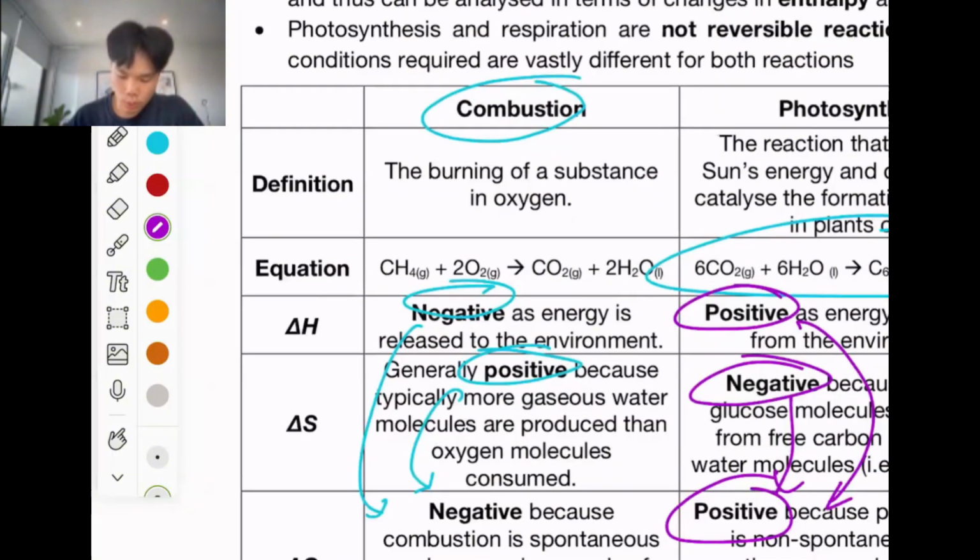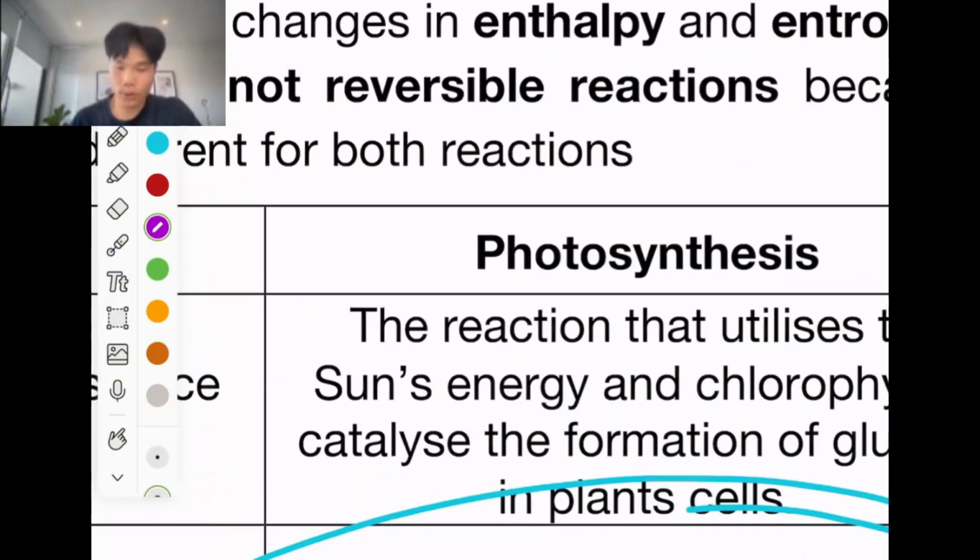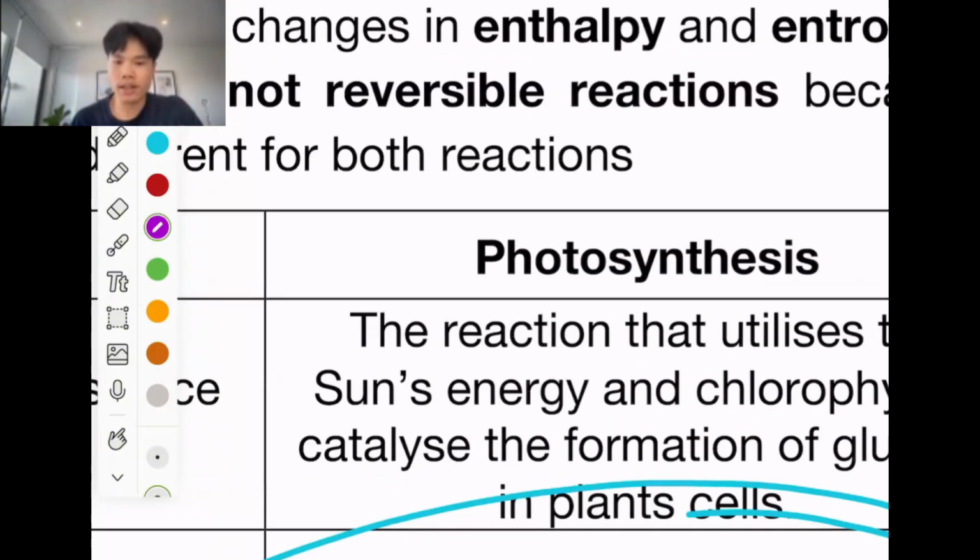You should be able to look at any equation, like the photosynthesis one, and justify why it's a positive or negative entropy change. Can someone try to verbally justify this one? Why is this a negative entropy change? It goes from 12 moles to 7 moles.